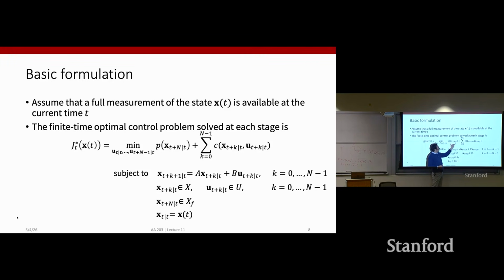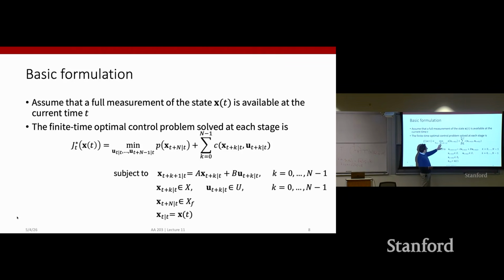So you have a terminal cost plus the summation of a running cost, subject to the dynamics, state constraints, control constraints. The initial condition has to be x_t, the state you are in right now. That's how you close the loop. And also potentially adding some terminal constraints. So you want to make sure that your predicted state after N steps belongs to some desirable set X_f. I will discuss later why we may want to add this constraint.